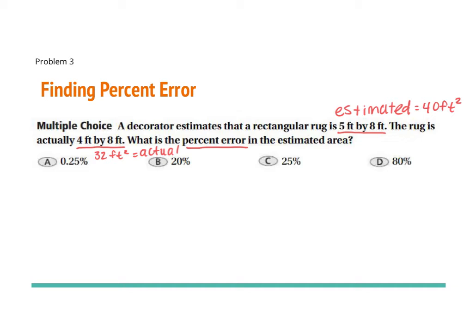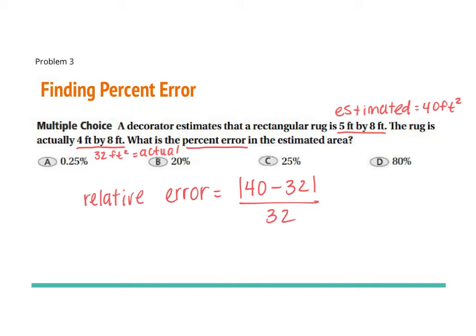Our estimated was 40, so let's write relative error equals the absolute value of 40 minus 32, divided by 32. For relative error problems for the homework, all I'm going to ask you is to set it up correctly. I'm not going to ask you to actually solve them.